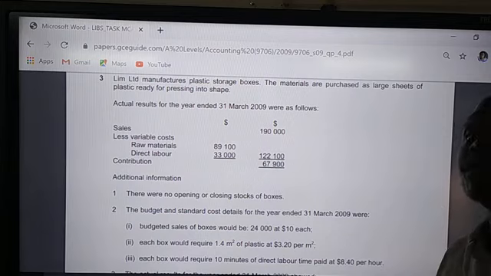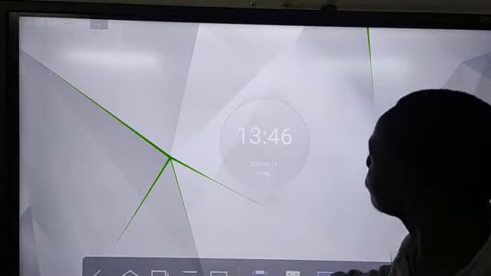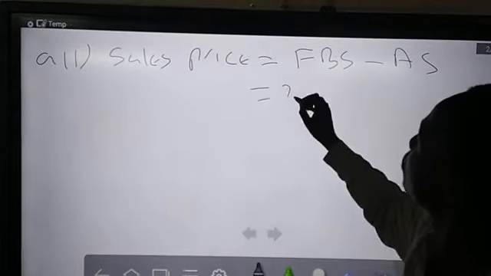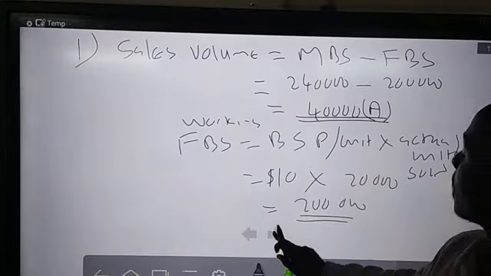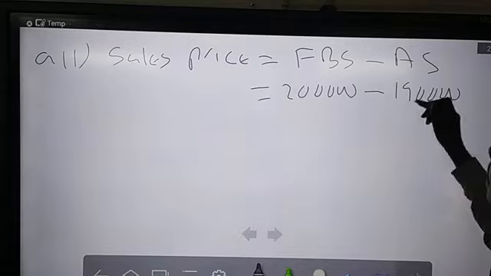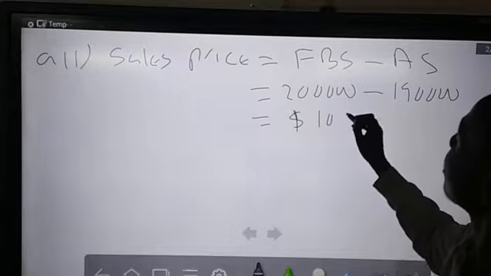Then the FBS, we have calculated it. So we are now substituting: FBS 200,000, and actual sales, I've just shown you, is 190,000. The difference is 10,000.